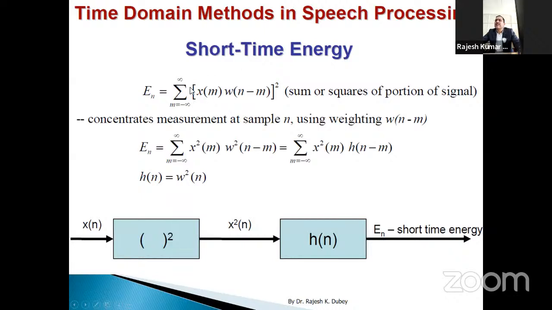We multiply and then calculate. Then this gives only the energy for that length, whatever the size of the window is. We square and sum. So this is the formula for calculating short time energy. That is, the signal is first multiplied with a short time window. Normally we use a rectangular window or a Hamming window. In this way, first we calculate short time energy.